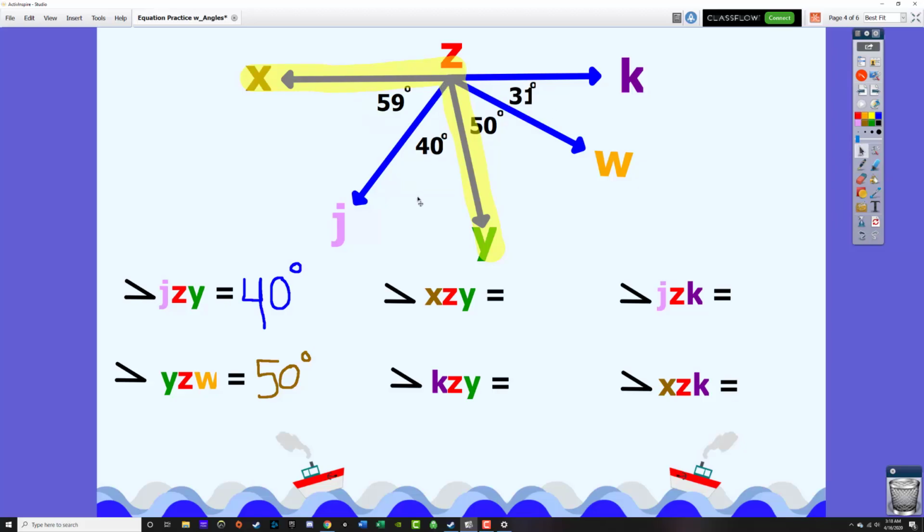We know that this part of the angle is equal to 40 degrees, and this part right here is equal to 59 degrees. So the distance all the way across is going to be both of those added together, meaning we are going to end up with a total of 99 degrees.